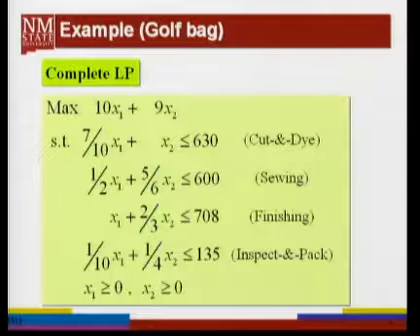Then the complete LP formulation would be like this. Our objective is to maximize profit while at the same time satisfying the time restrictions for each of the 4 departments, right? Cut and dye department, sewing department, finishing department, and inspection and packaging department.